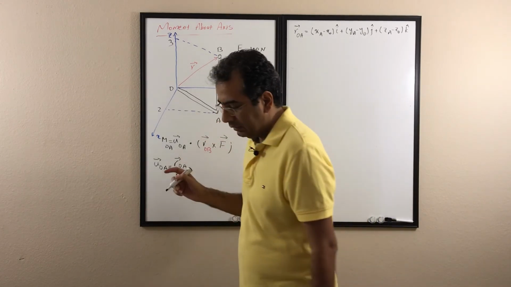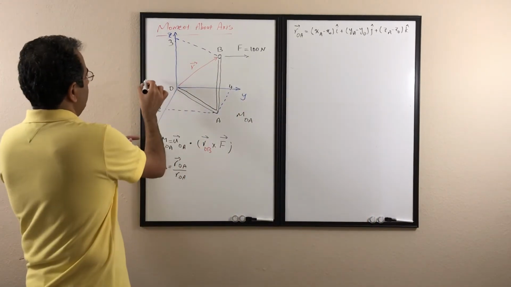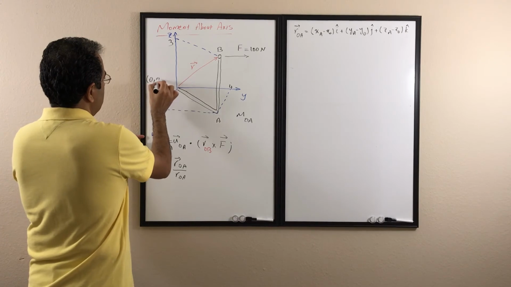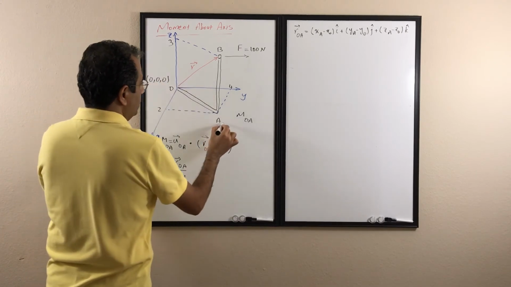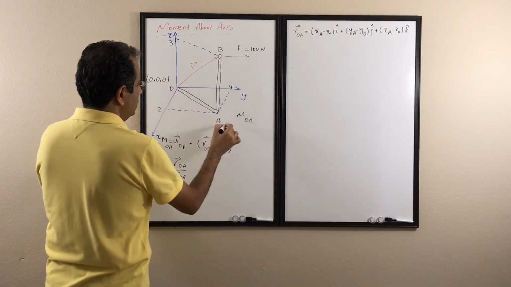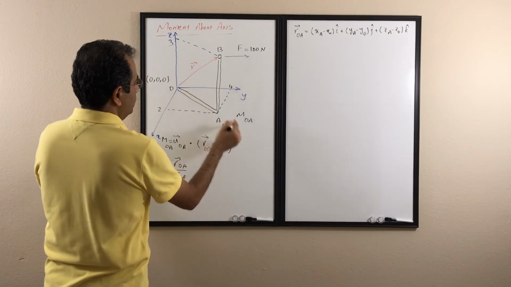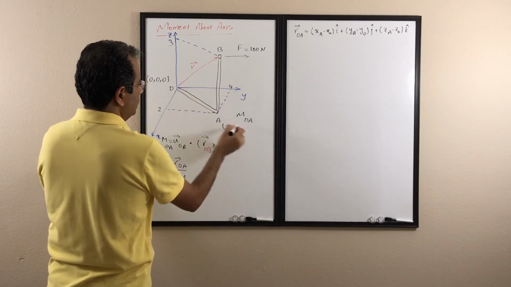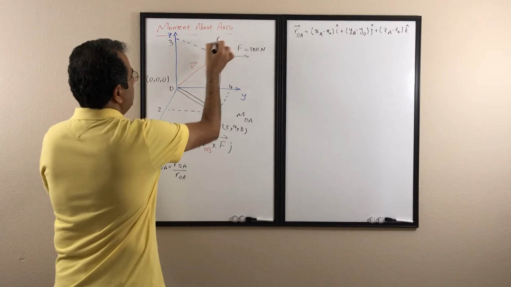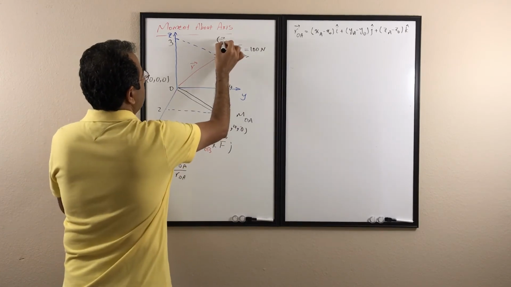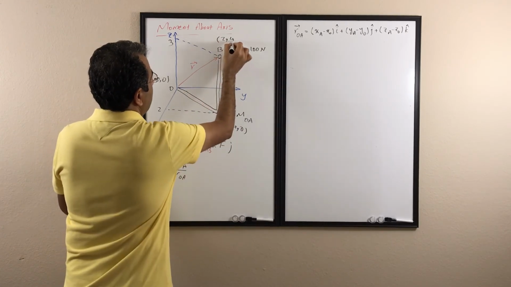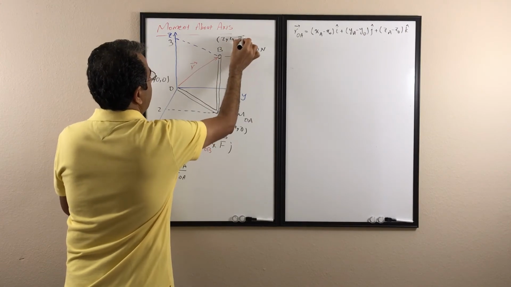For the point O, we know that it's gonna be 0, 0, 0. For the point A, it has an x of 2, a y of 4, and a z of 0. For B, again, it has an x of 2, a y of 4, and a z of 3.